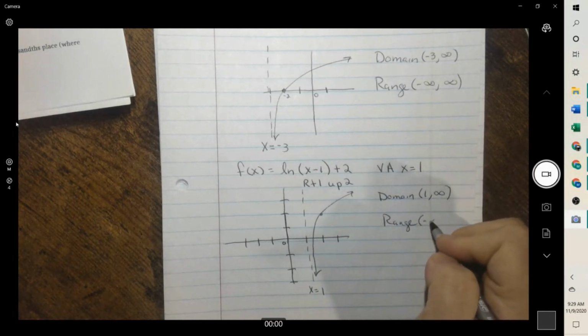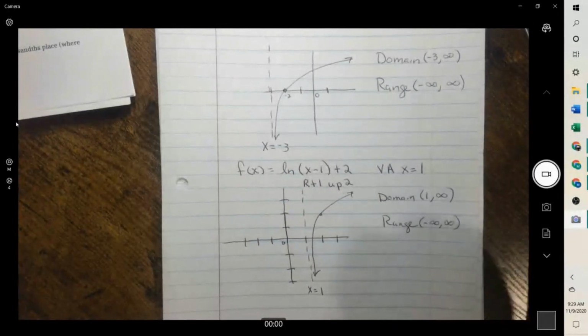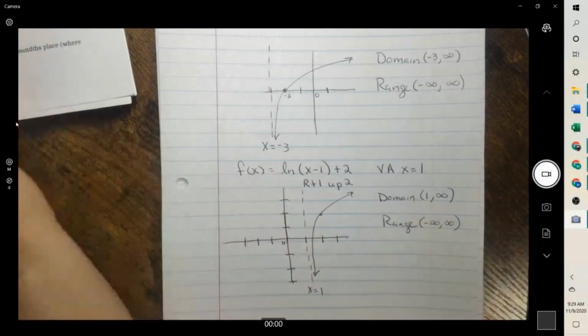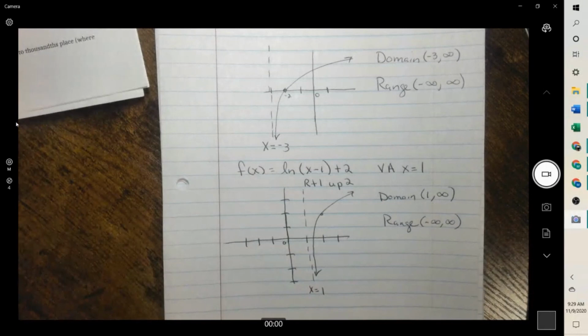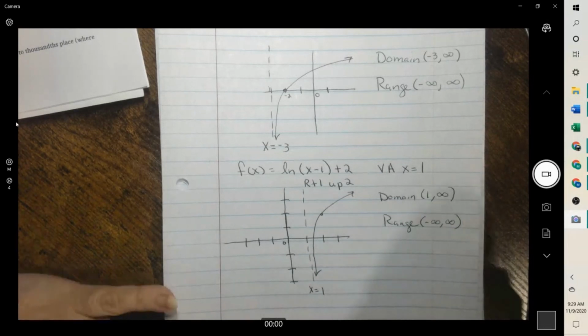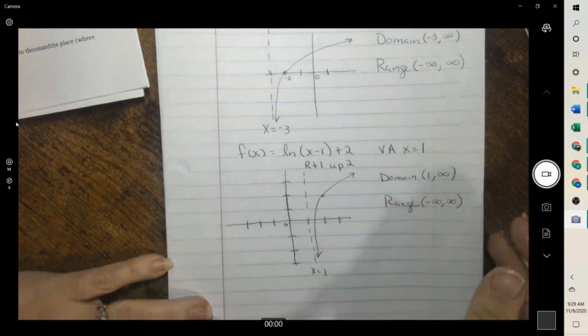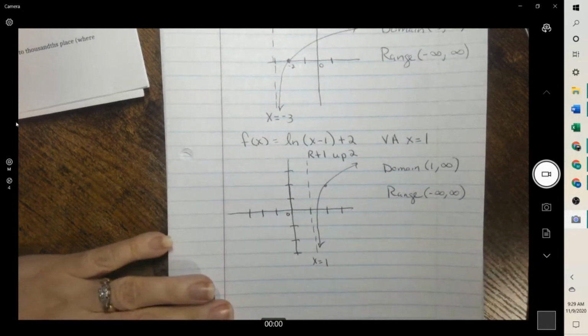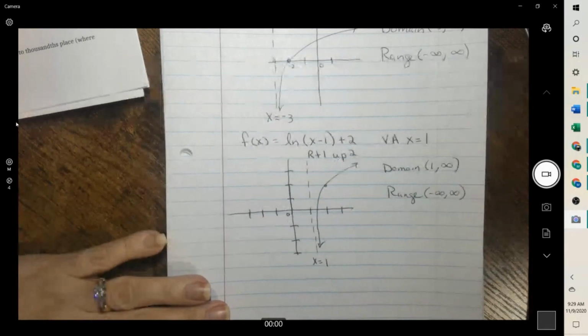And the range, all real numbers. Any questions on that one?